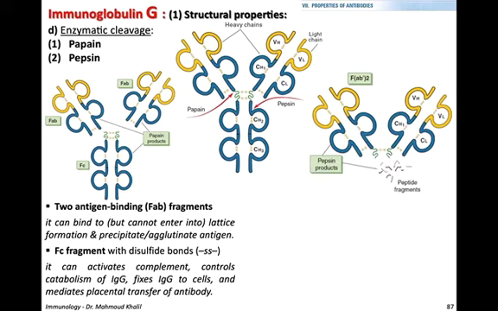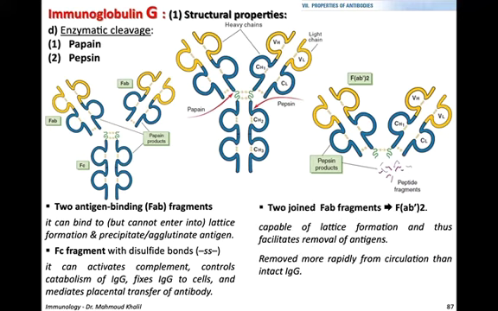If the pepsin cleaves the IgG, it will give a totally different scenario, in which the two Fab regions will be connected by the disulfide bond, and all of the Fc region will be degraded.